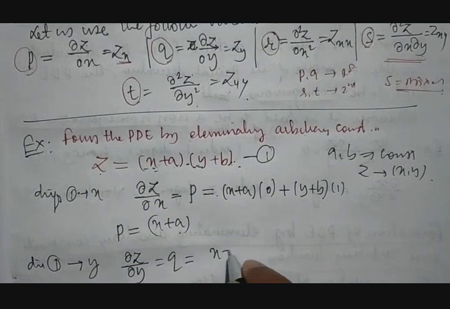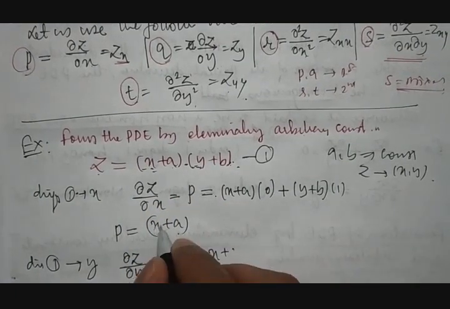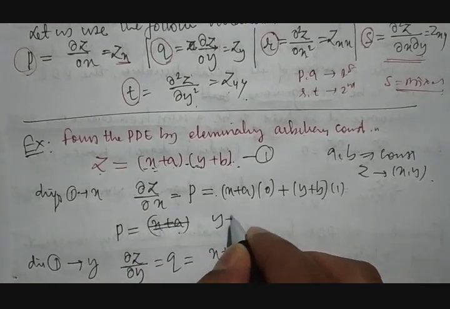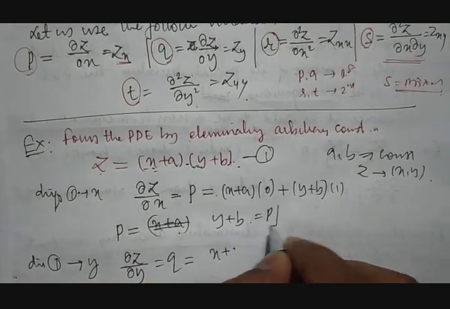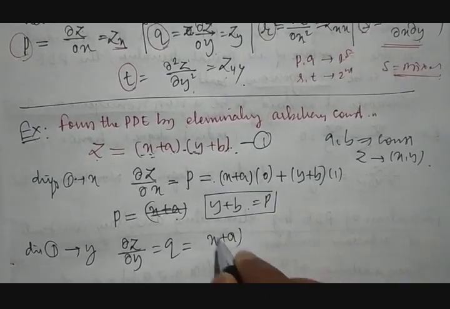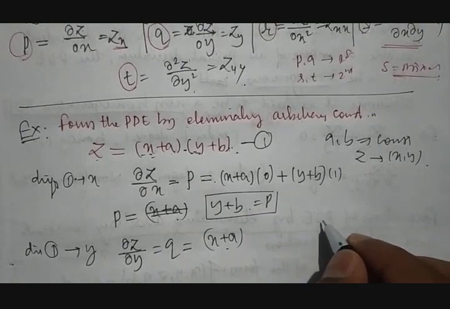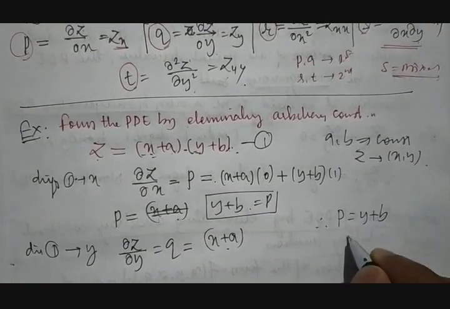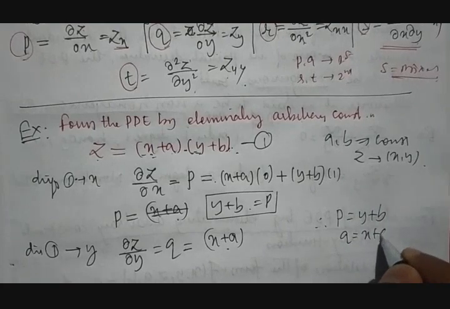So that becomes x plus a. Previously it was y plus b equal to p. Therefore we got p is equal to y plus b and q is equal to x plus a.